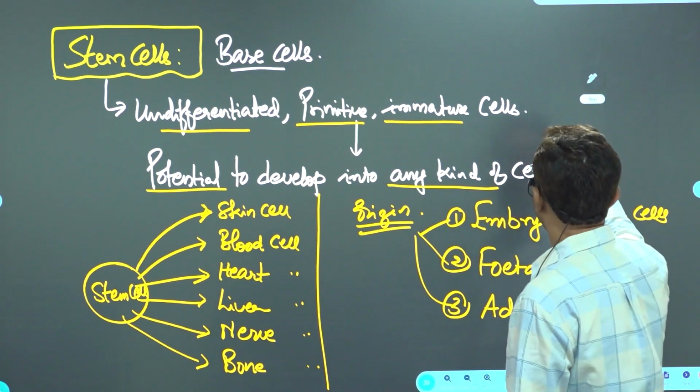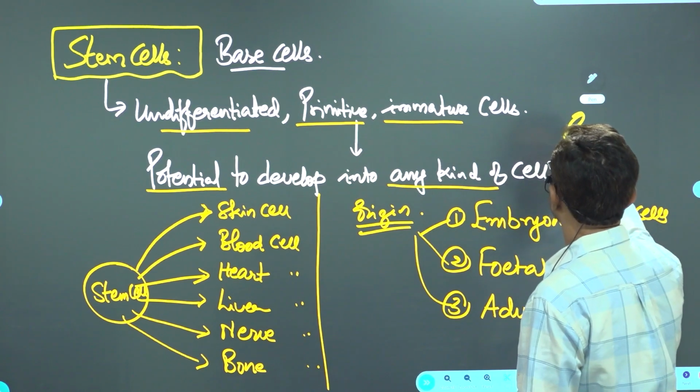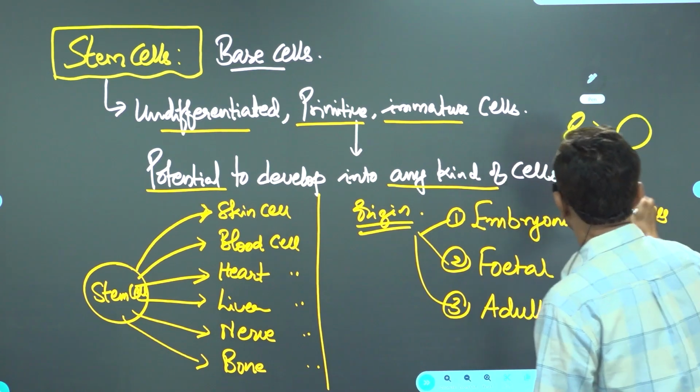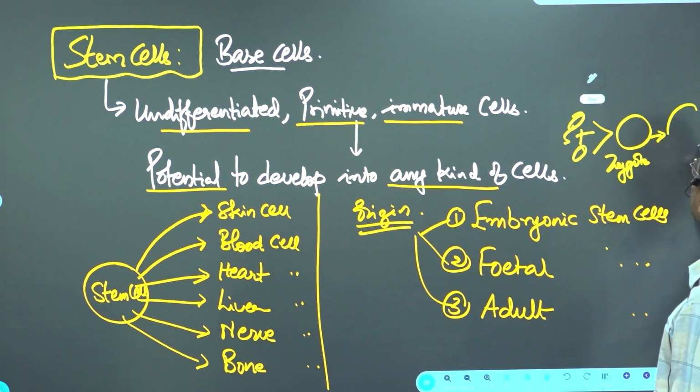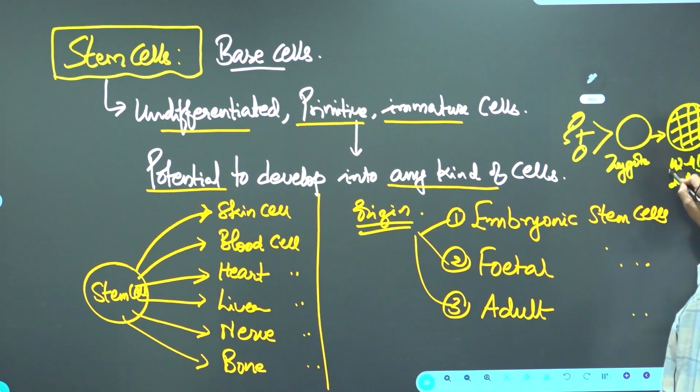That means after fertilization, the zygote is formed, and the zygote undergoes multiplication, thereby it forms a group of cells. So 42 to 45 days of pregnancy you call as an embryo.